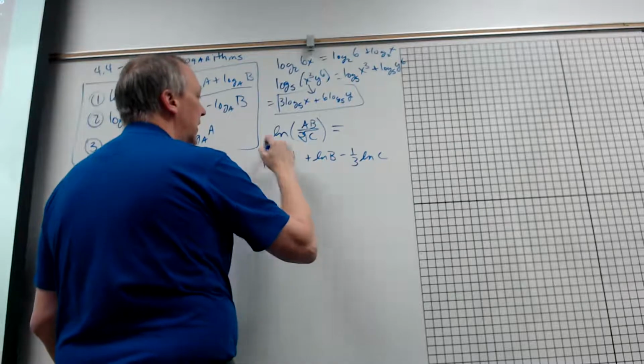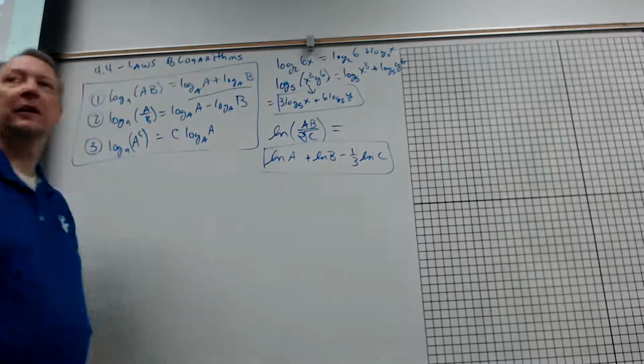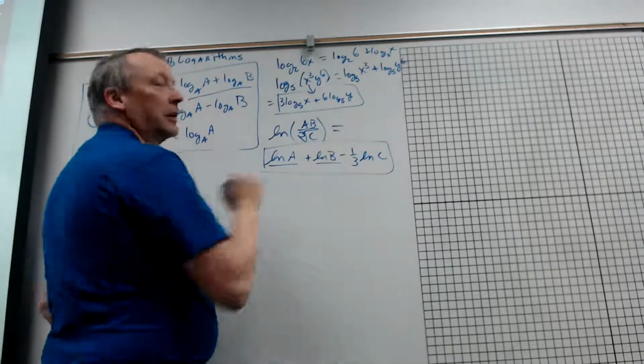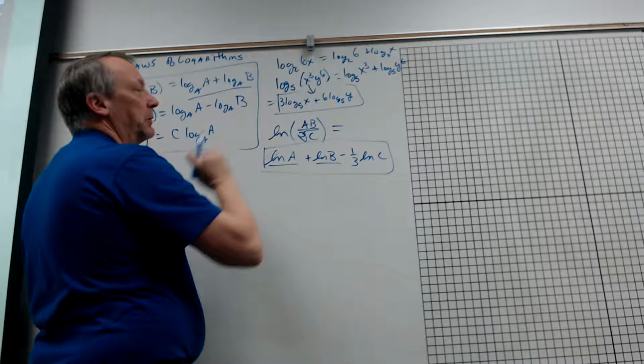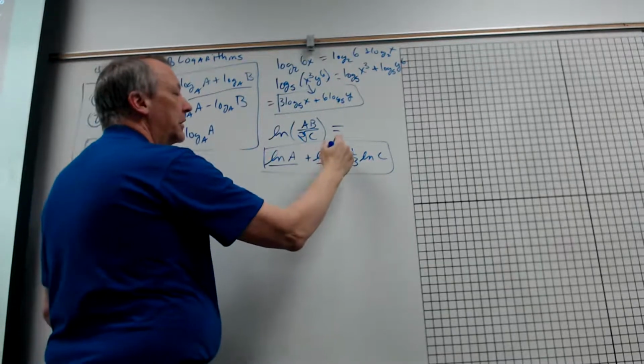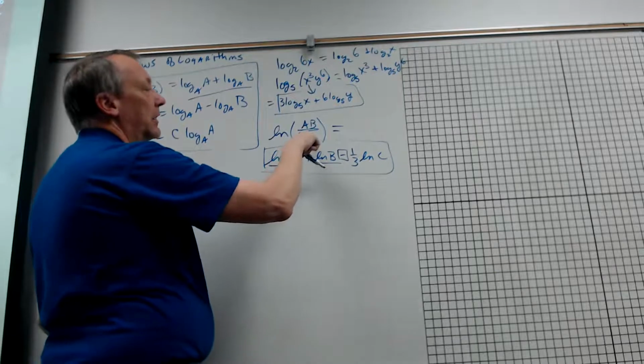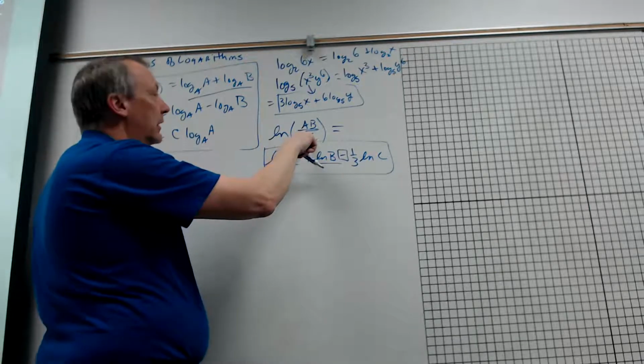Now, he did that all in one step. Did that lose anybody? Probably got the first two steps. That was easy. We just split up the A and B. The divide always means subtract, right? He wrote that as c to the 1/3 power.